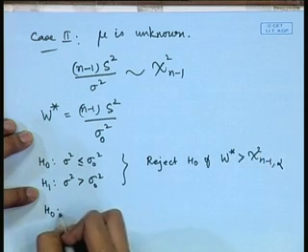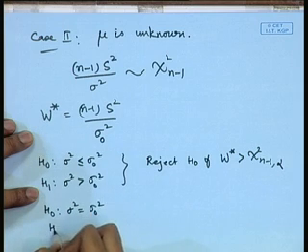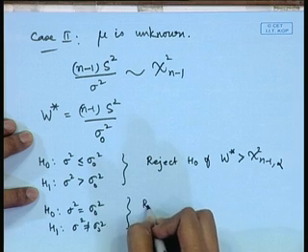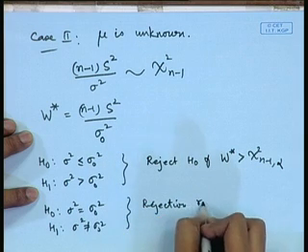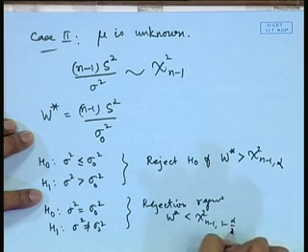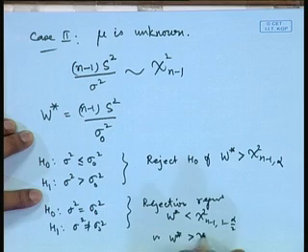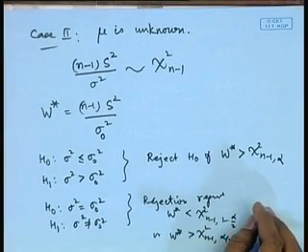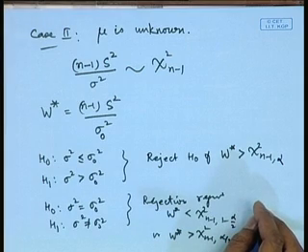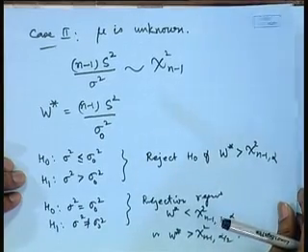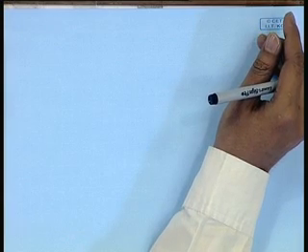Suppose we are looking at a two-sided hypothesis, sigma square is equal to sigma naught square against H1: sigma square is not equal to sigma naught square, then the test function, the rejection region, will be W star less than chi square n minus 1, 1 minus alpha by 2, or W star greater than chi square n minus 1, alpha by 2. Let us look at the examples here.